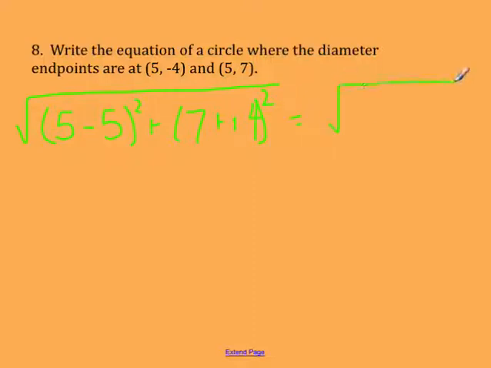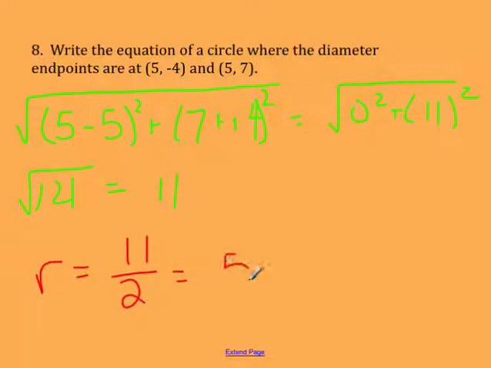Then I end up getting 0 squared plus 11 squared. So really, that's just going to end up being the square root of 121, which is 11. Now remember that that 11 represents the diameter. We need the radius. So to get the radius, we take the diameter and divide it by 2. Then we end up getting 5.5 for our radius.